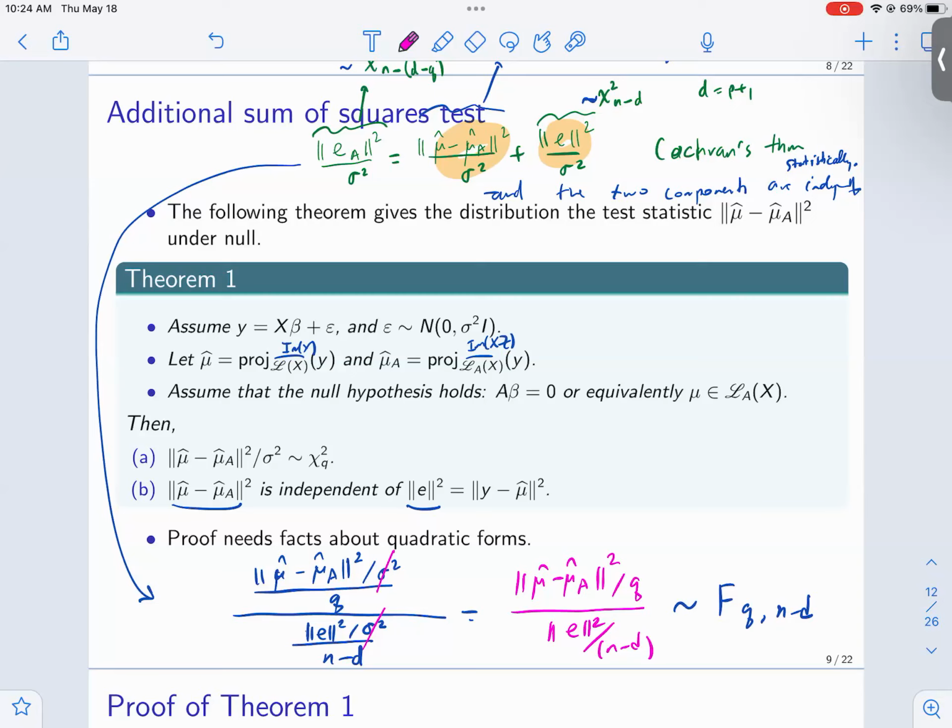That would be my statistic, which I call F hat. This is the statistic that I can calculate: in practice, the extra sum of squares divided by its degrees of freedom, further divided by the SSE of the full model divided by its degrees of freedom.